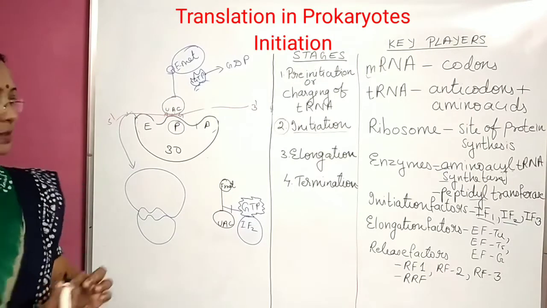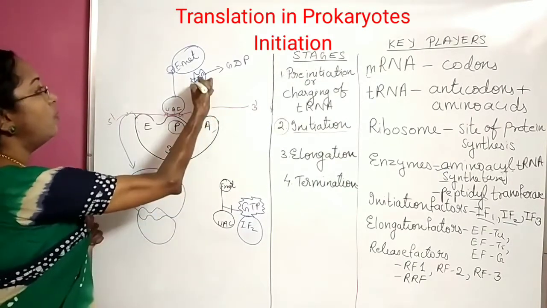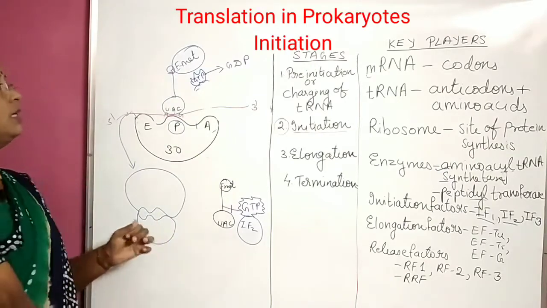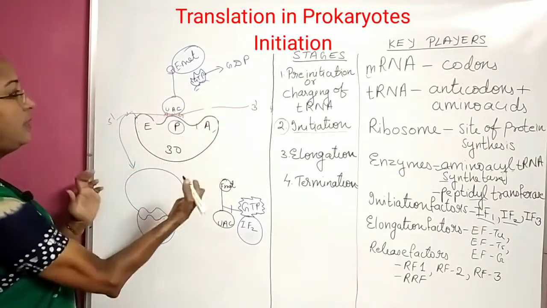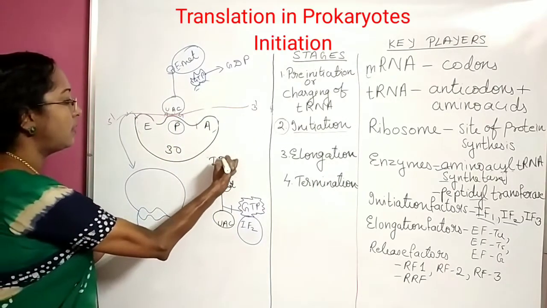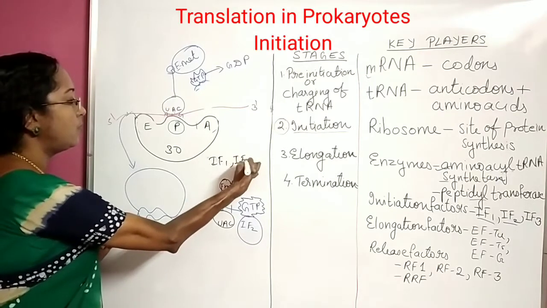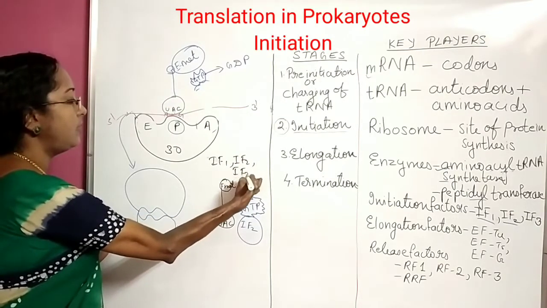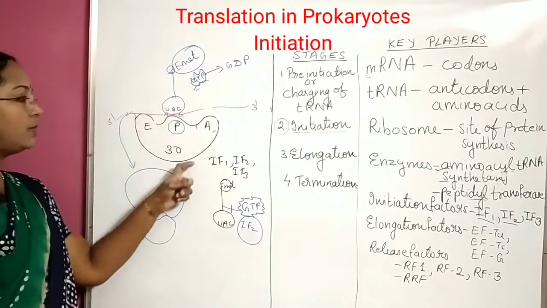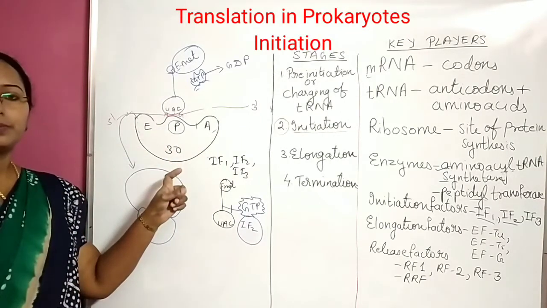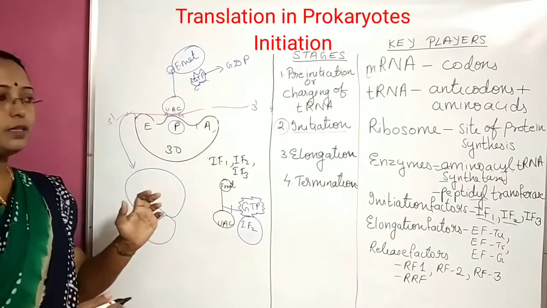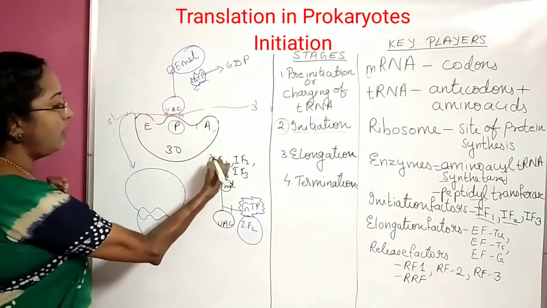So when does that happen? Once GTP is converted to GDP, the energy is passed on to this whole thing. All these initiation factors, IF1, IF2 and IF3, dissociate from the ribosome and from the tRNA. See here, now IF1 is not there.